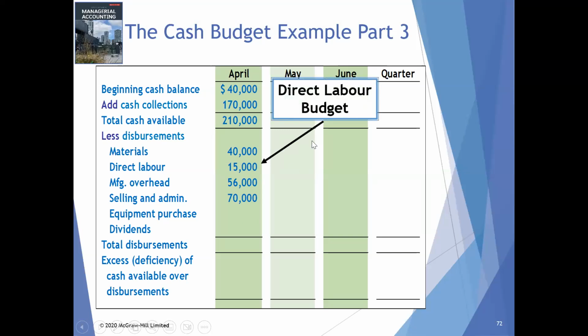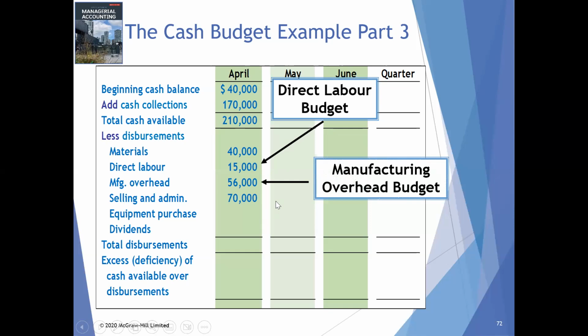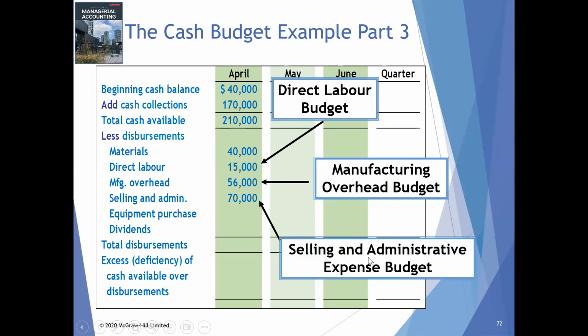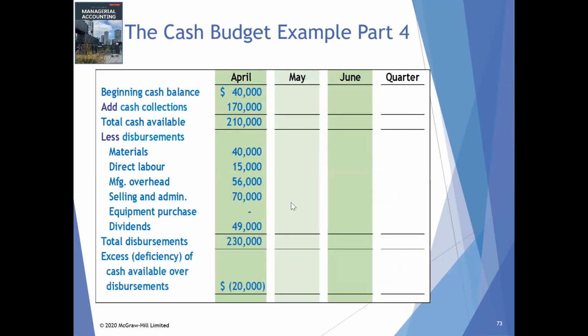Now next is the direct labor budget, the manufacturing overhead budget, and the selling and administrative expense budget. So all the budgets that we have calculated, we have written here. Now look at this: a $49,000 dividend they have planned to pay in the month of April.